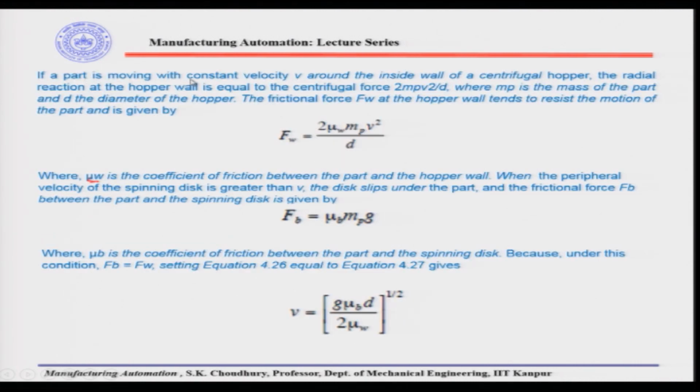So, if a part is moving with a constant velocity v around the inside wall of a centrifugal hopper, the radial reaction of the hopper wall is equal to the frictional force with the wall.